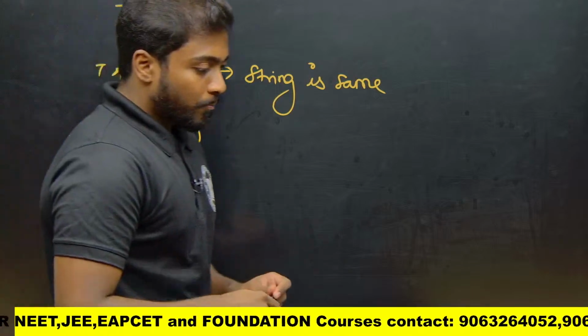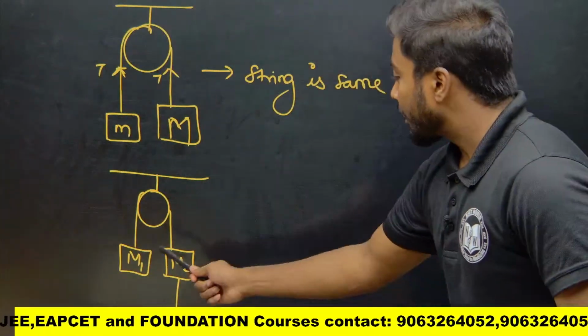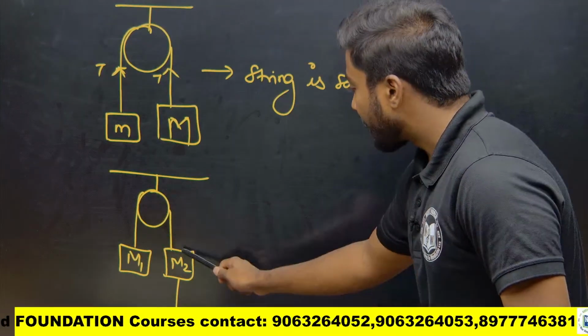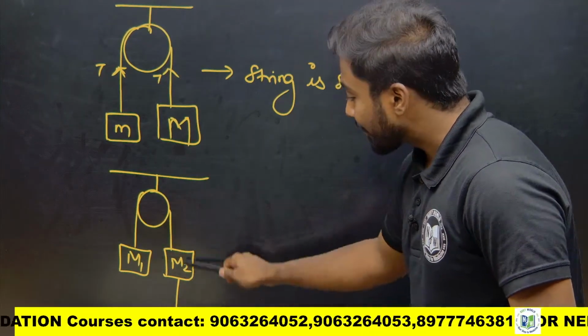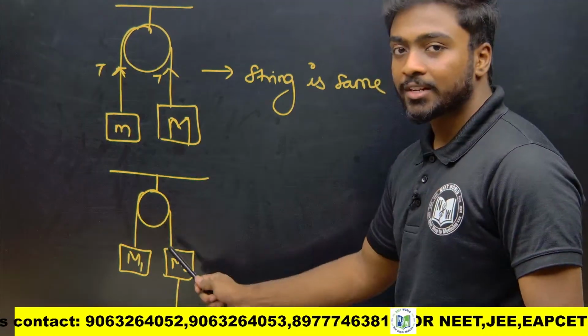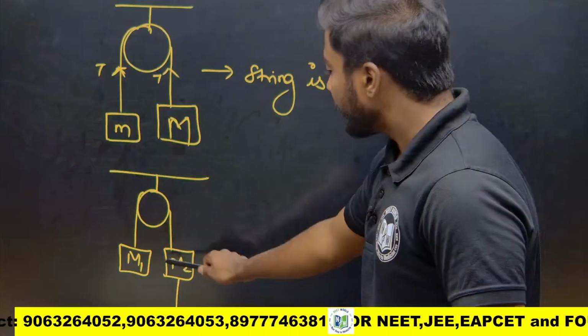In this case, when I see M1 and M2, the common string is acting for both of them, but for M1 and M3 there is another string which is connected with M2. So there are two different strings, so the tension will be changing here.